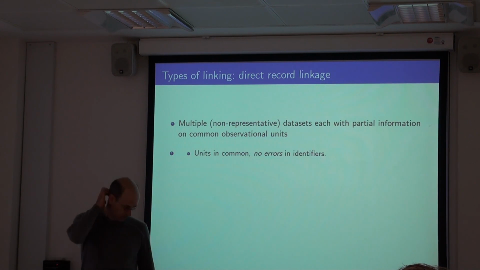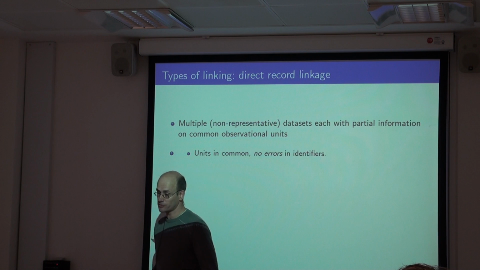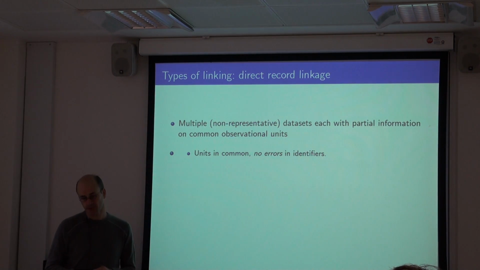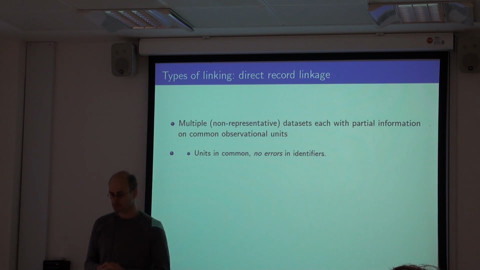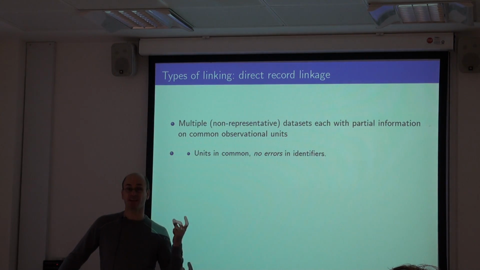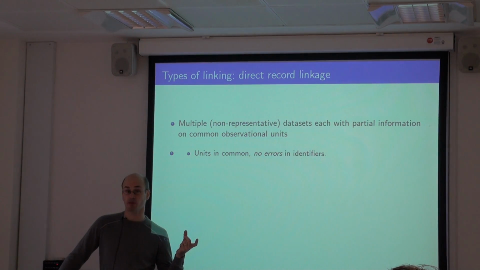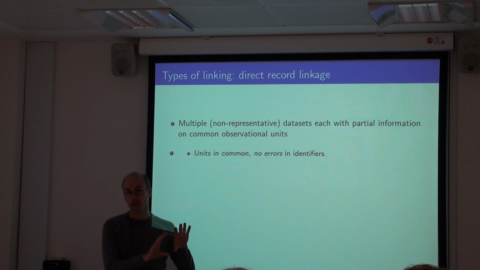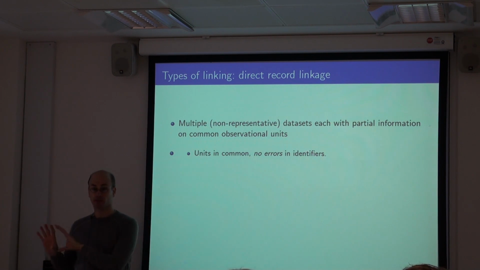Okay. So it's a little bit useful to categorize different types of linking. So one type of linking is, we've called it direct record linkage. So you have an identifier, perhaps a physical address of a building or of a ship, and you have some information in one survey. You have some information in another.